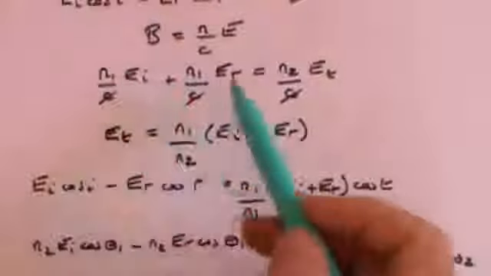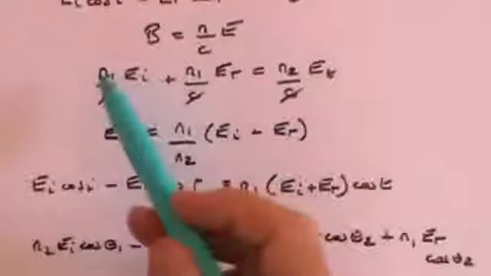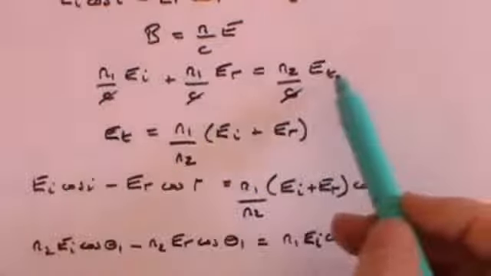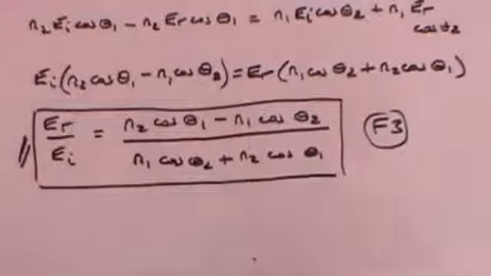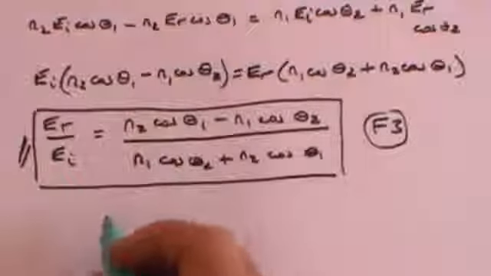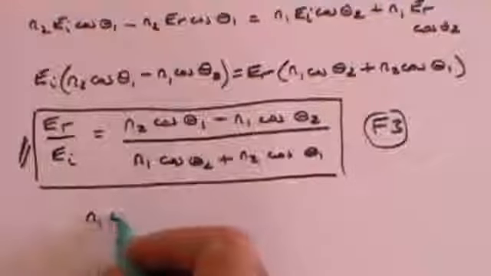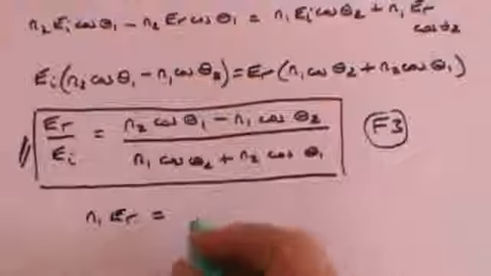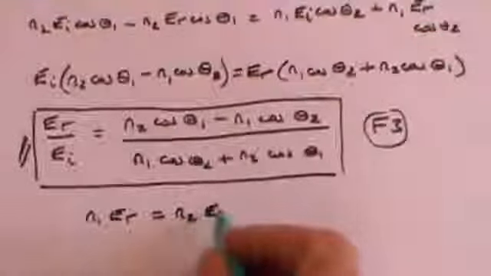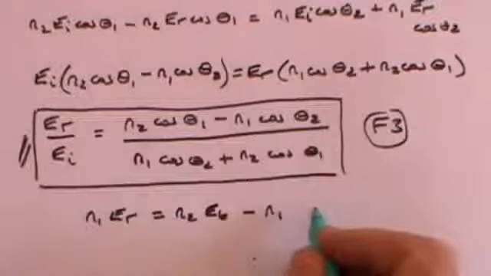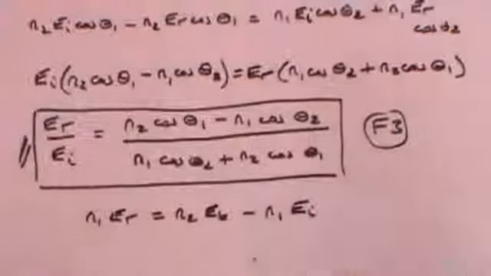If we look at this equation here, divide by N1 and rearrange, we will get that N1 ER equals N2 ET minus N1 EI.